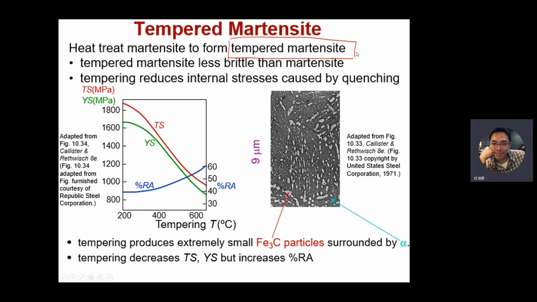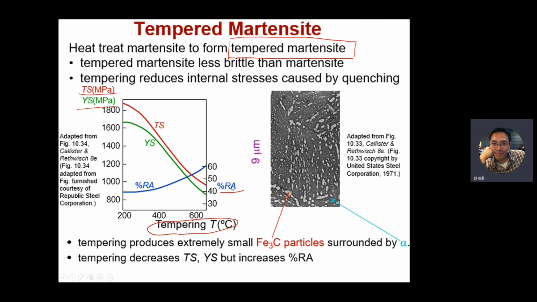Therefore, for the tempering temperature versus the mechanical properties, tensile stress, yield stress, and the reduction of area, from this figure you can realize that we can modify the mechanical property of martensite.